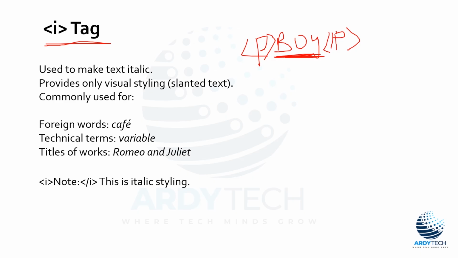But the moment we add the I tag to this text, the result will be in this format. The text will be slanted a bit. The text will all be slanted to the right. So this is the essence of the italic tag.